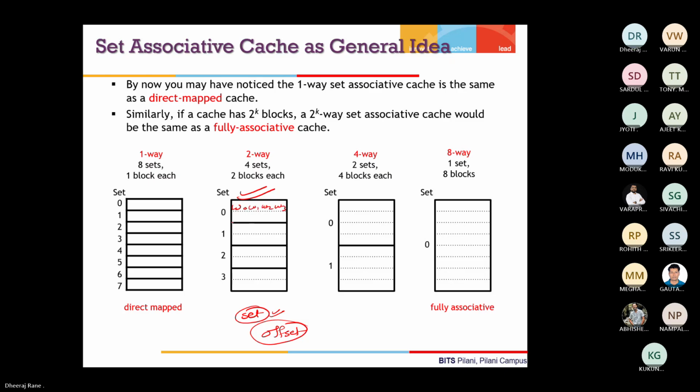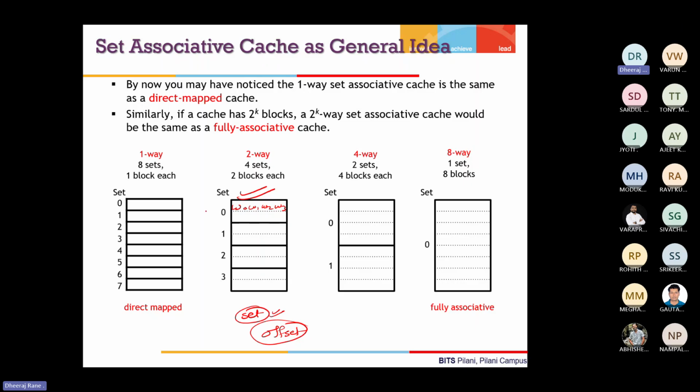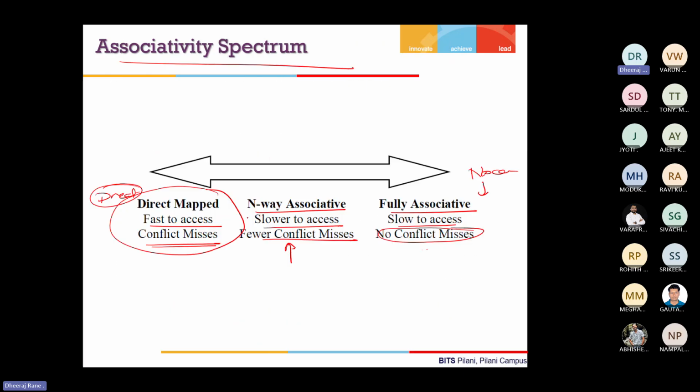But now, within two-way associative, these four are random, which means we can place a block in any one of the sets. I can place it over here or over here. Earlier we were dealing with the horizontal offset, but now we have to identify the vertical offset as well.